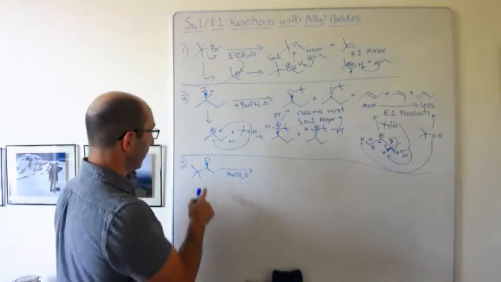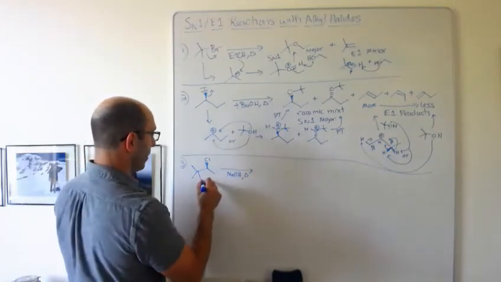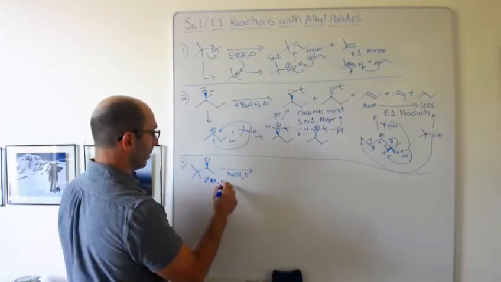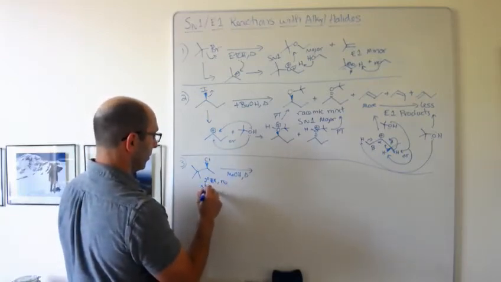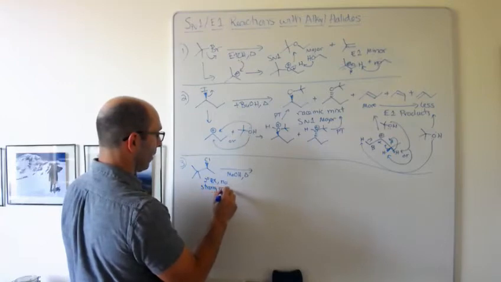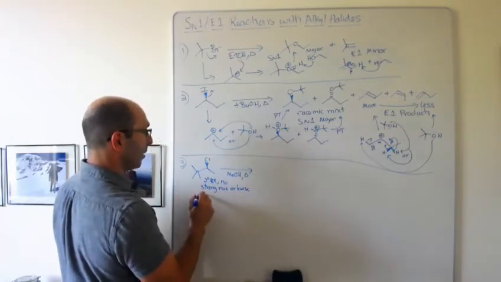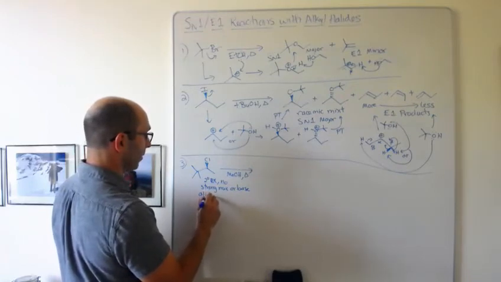All right, let's identify that we have a secondary alkyl halide. We have no strong nucleophile or base, and we have an alcohol solvent.